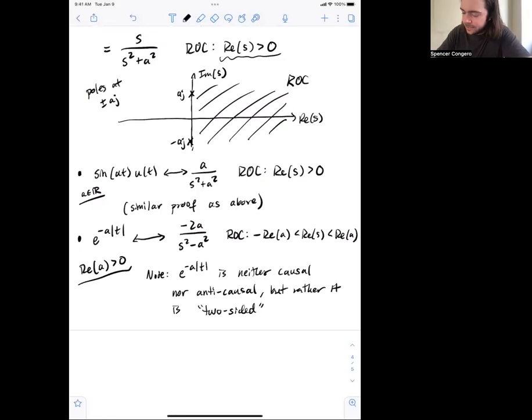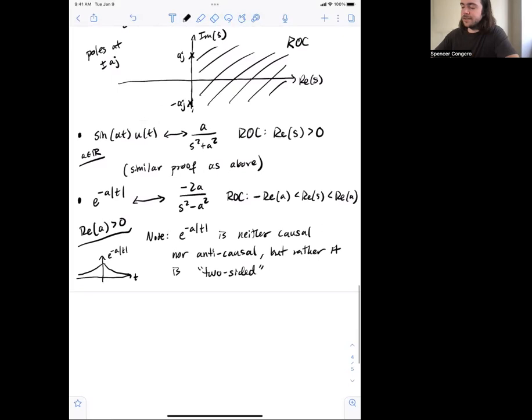You can see, what does it look like? It's an exponential function that's decaying in both directions. It looks like that. This is e to the negative a absolute value of t. Okay, so it's not right-sided, it's not left-sided. It's not like on one side it's 0 and the other side it's non-zero, right? It's a two-sided function. And so that's, as you'll see, what's leading us to get this ROC that is different than the ones we've seen so far.